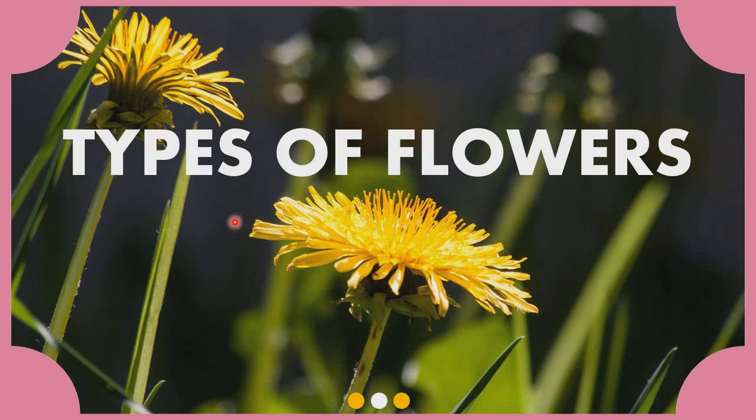I want you to understand that you will see some questions or some examinations that ask you what are the types of ovary in flowers. The types of ovaries in flowers are the same thing as the types of flowers based on the position of their ovary. Just for you to understand the link between the two questions.